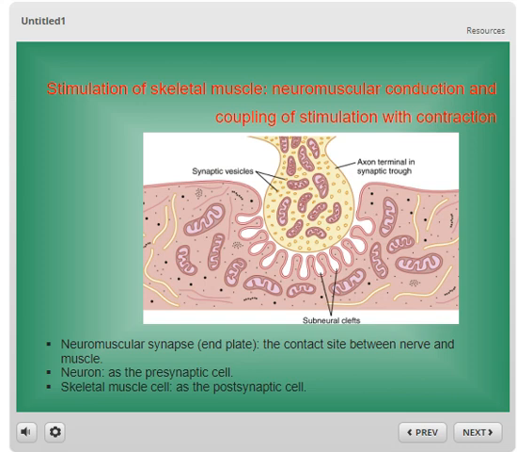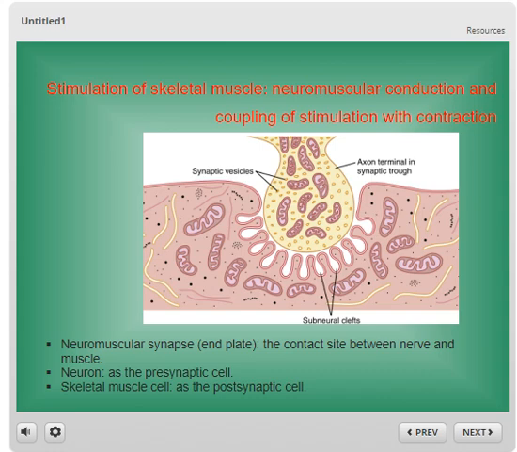In the neuromuscular synapse, as I told you, we have neurons and the skeletal muscles. The postsynaptic cell is a skeletal muscle cell that receives the signal. Acetylcholine binds to the receptors on the muscle cell membrane, leading to depolarization and the initiation of an action potential in the muscle fiber.